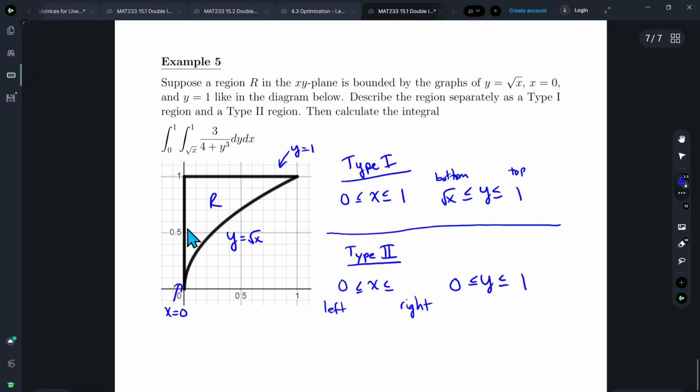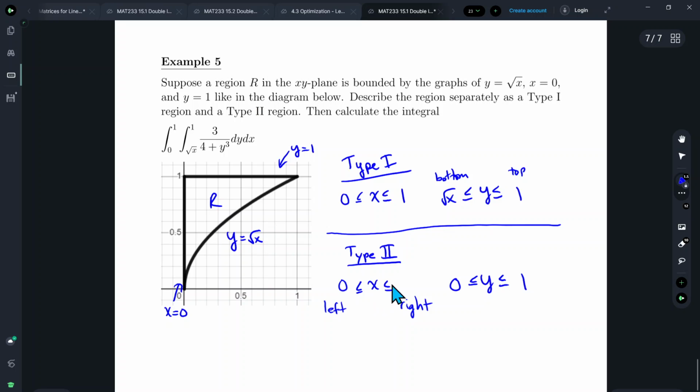And on the right, you have to be careful here, right? Because this x equals 0 is the entire vertical line boundary. However, when we go to the right here, it stops at this curve here, which is described as the square root of x. And so when we describe the right boundary, we can't write the square root of x, right?